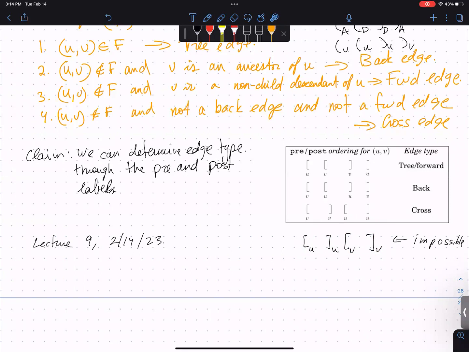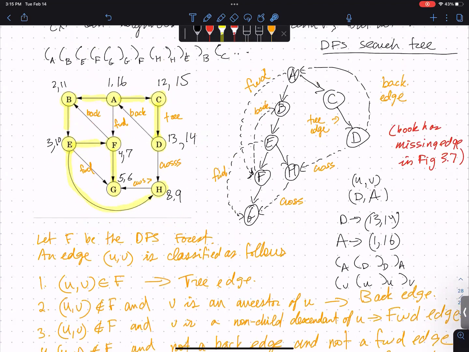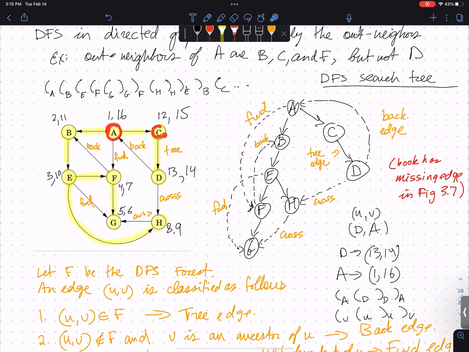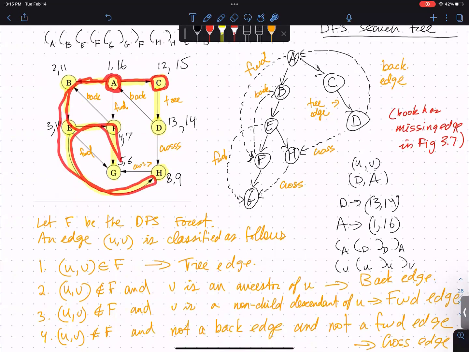This means that I started exploring U, I finished exploring U, and then I started exploring V. But if there's an edge from U to V, I couldn't have finished exploring U before I started exploring V. Maybe we can see here with an example, let's say A to C. I start exploring A. Even if I go to B, remember I did this thing, went all around, and even if I do all that, I cannot finish exploring A until I start exploring C, right? So this final case is impossible.